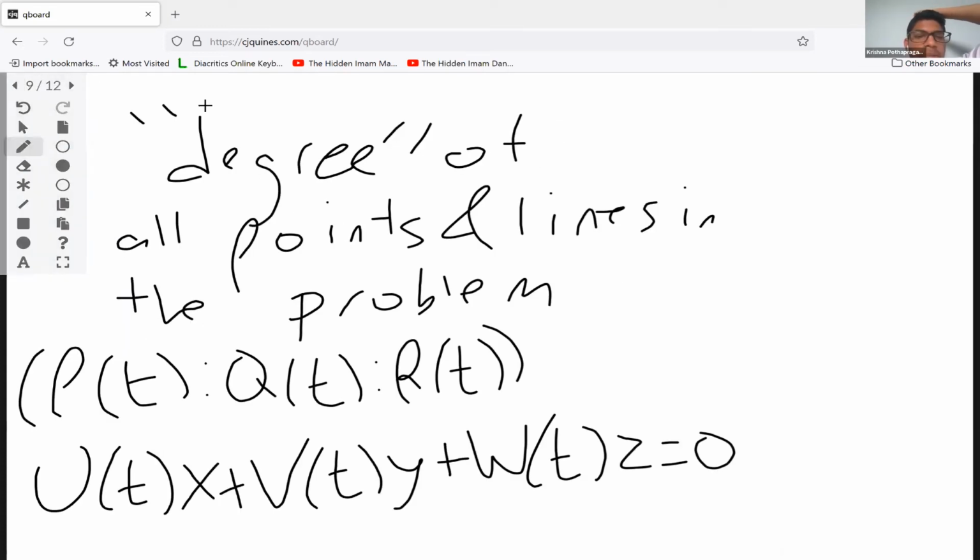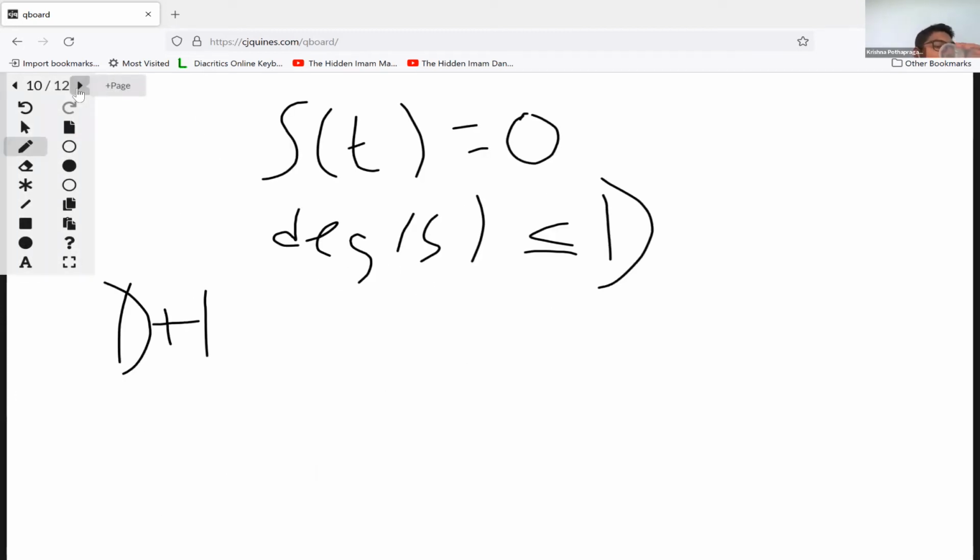Yeah, so we define the degree of a point as the maximum degree of the polynomials in t that make up its coordinates, and we define the degree of a line to be the maximum degree of a coefficient, one of the three coefficients.